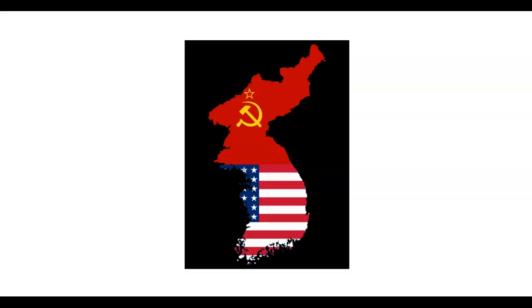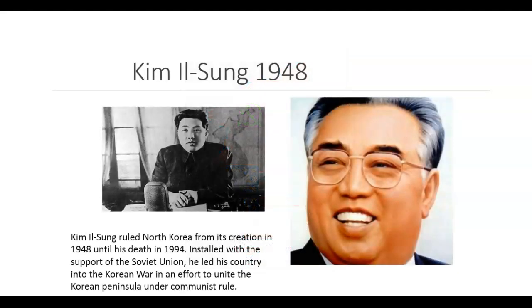A month later, communists in the North established the Democratic People's Republic of Korea, the DPRK, under Kim Il-sung. Both governments claimed to stand for a united Korean peninsula.